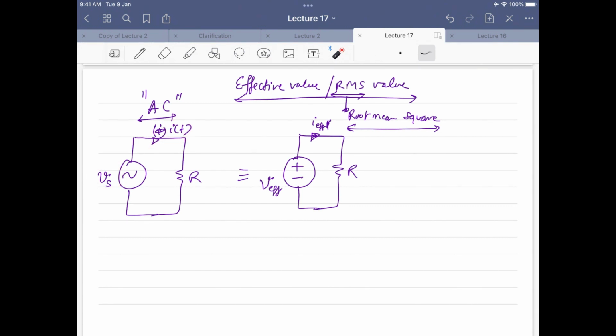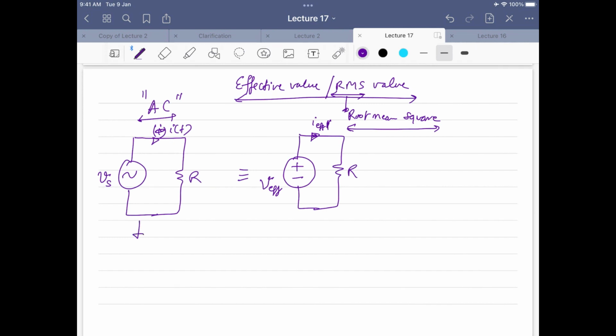So if I want to find a relation between the currents, you want to calculate the effective DC which generates the same power. So you will equate the powers of the two circuits.